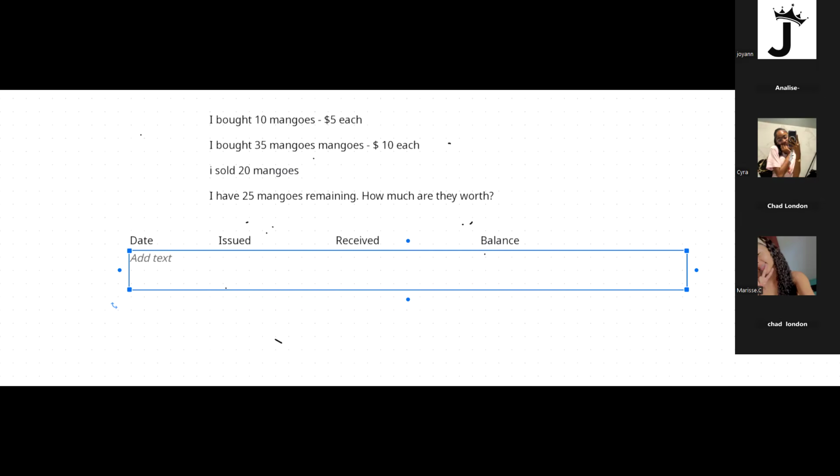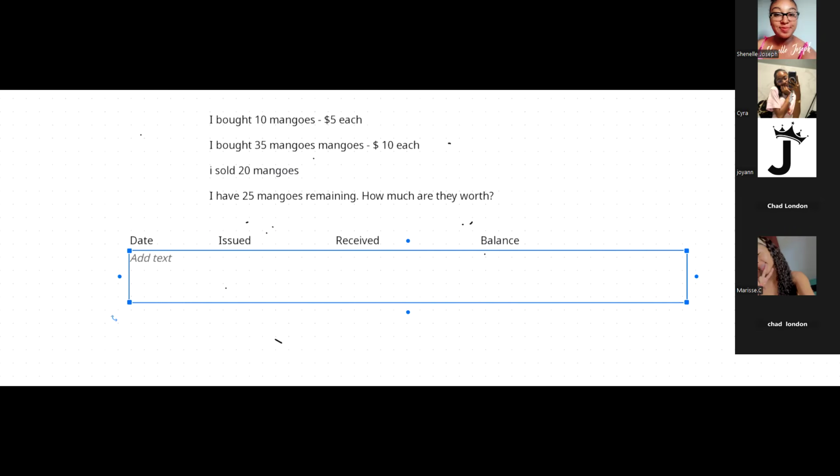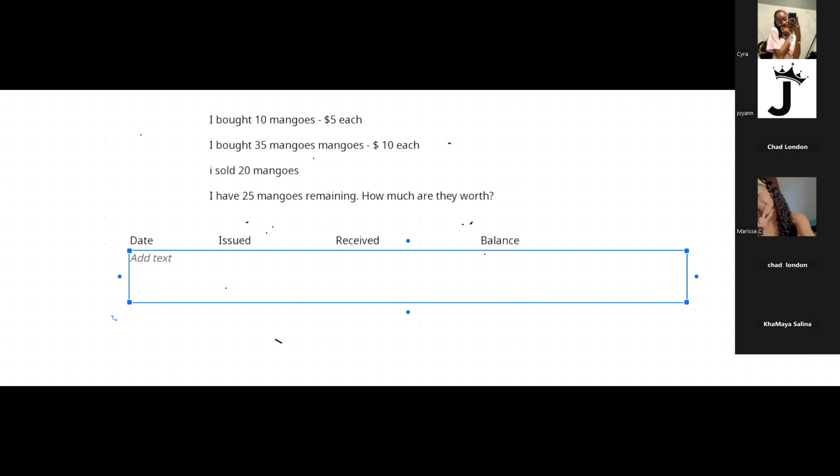I have the 10 mangoes from before that were $5 each, and now I also have 35 mangoes at $10 each, which is $350.